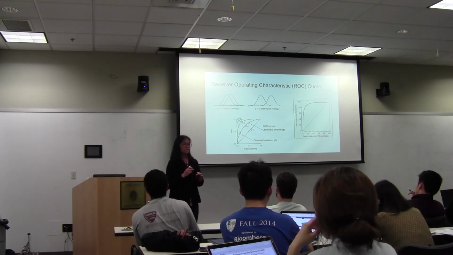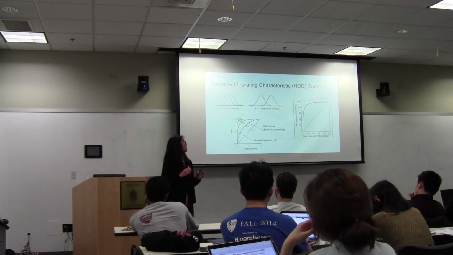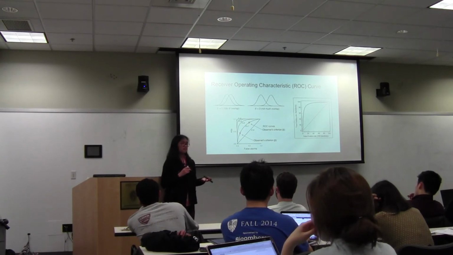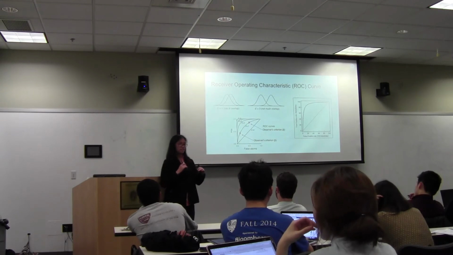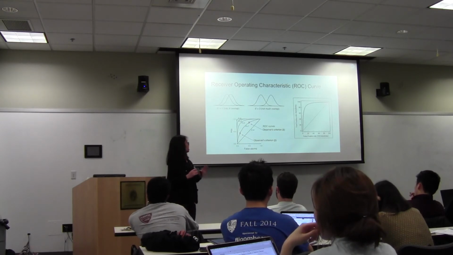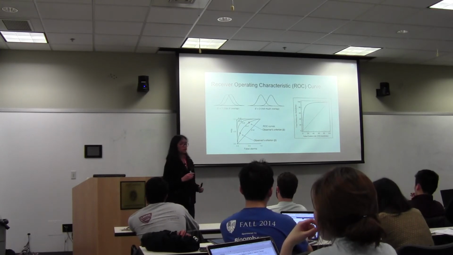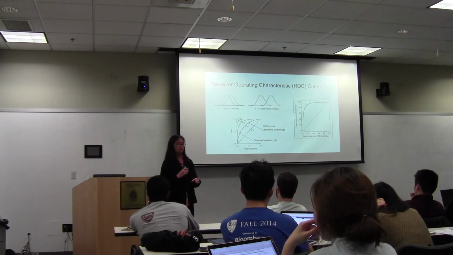But in general, your ROC curve is going to be above that, where your distributions are separated but there's still overlap, unless in the best case scenario you have the ROC curve going straight up the y-axis and then straight across.